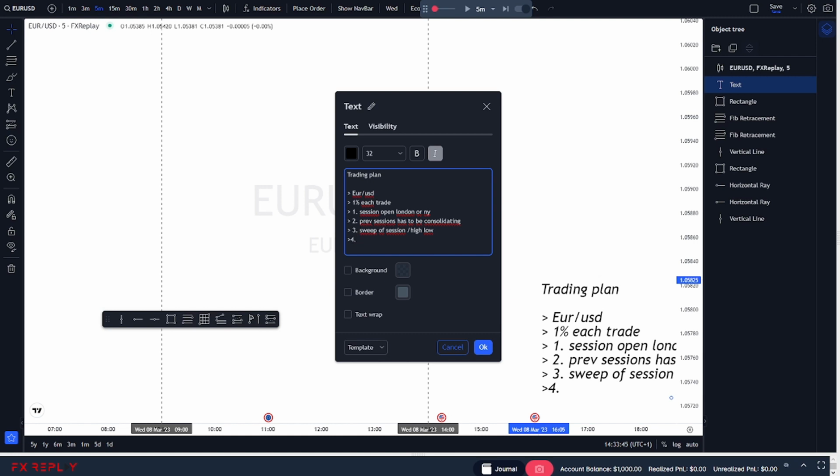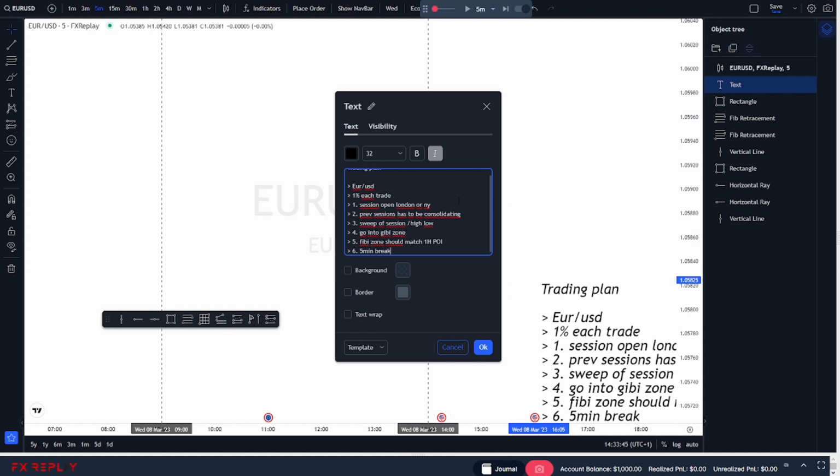Sweep of session high low, then go into Phoebe zone. Phoebe zone should match 1 hour POI. You don't have POI yet, but I will talk about this in next parts. And 6, you wait for a 5-minute break of structure. This could already be your trade, and maybe you can TP. First TP at 50% mark of Phoebe.